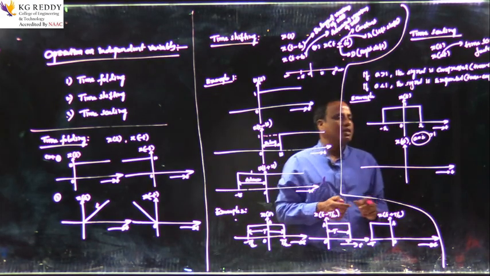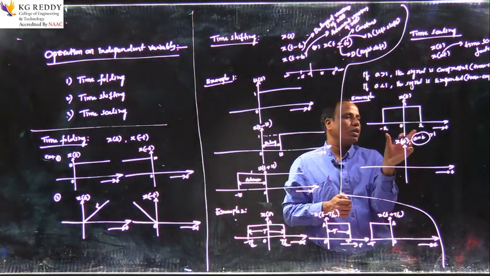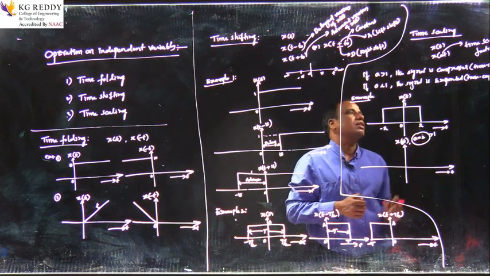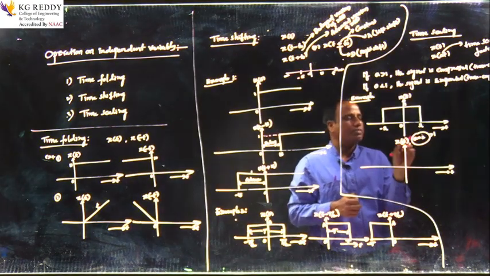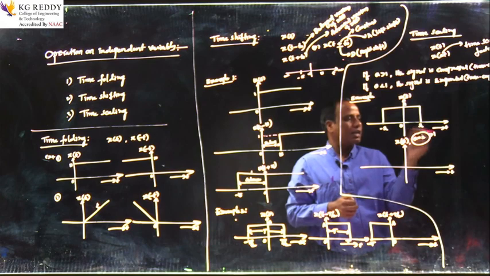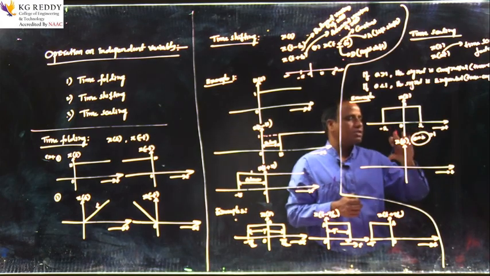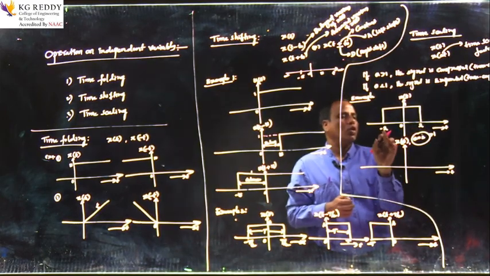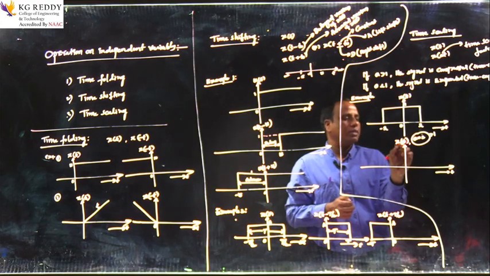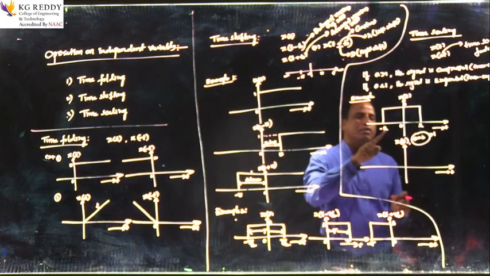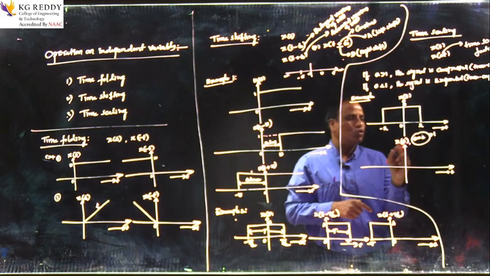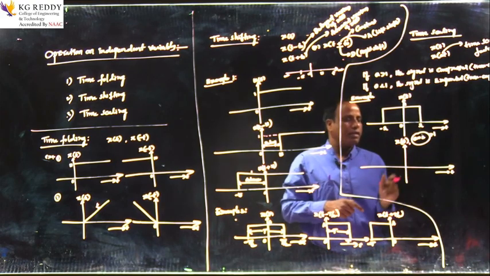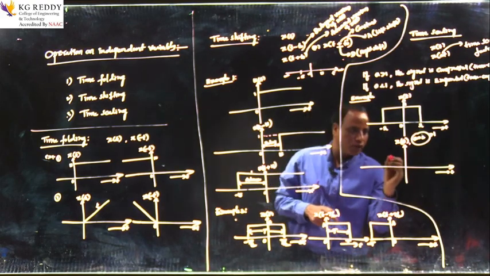So what you do is, the lower limits and upper limits will be divided by this particular factor. Irrespective of whether this value is greater than 1 or less than 1, just divide the lower limit and upper limit by the time scaling factor. So -2 divided by 2 becomes -1.